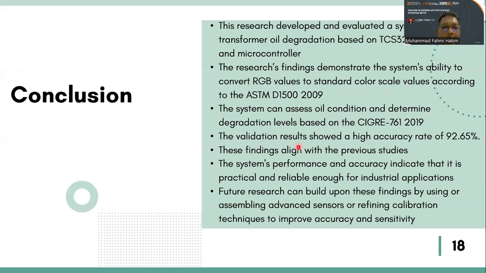And then the accuracy is 92.65%. These findings align with the previous studies, and the system performance and accuracy indicate that it is practical and reliable enough for industrial application. Future research can build upon these findings by using advanced sensors or refining calibration techniques to improve accuracy and sensitivity.